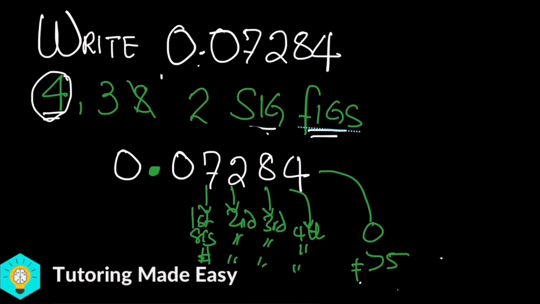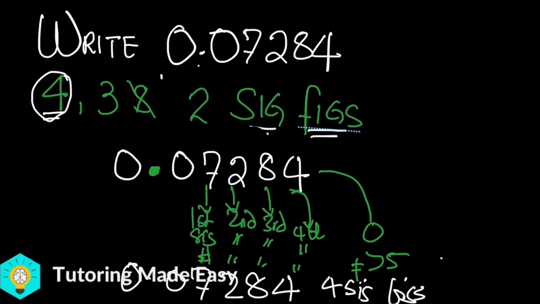So we're not going to add anything to this number here. That's going to give us 0.07284 as our 4 sig figs. I hope that helps.